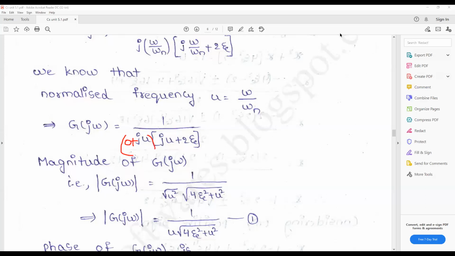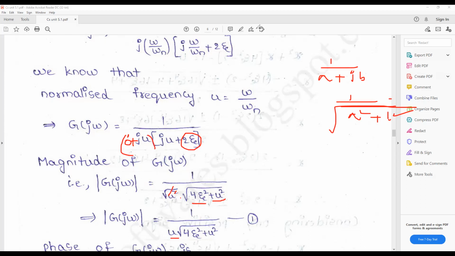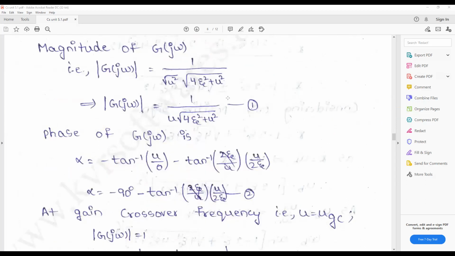Okay, so in the square root of 1 by a plus jb, we already saw the magnitude: 1 by square root of a square plus b square. So the square root of the first term's a value 0 square plus u square, into the square root of the second term's a value 2 neta, so 4 neta square plus u square. So 1 by u into square root of 4 neta square plus u square.